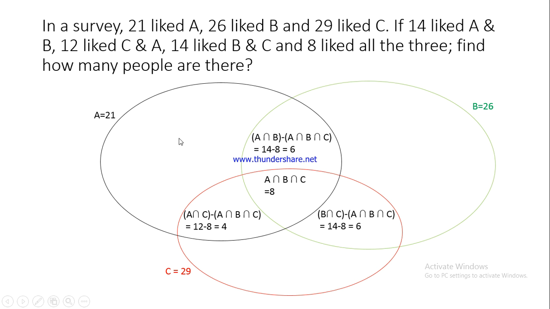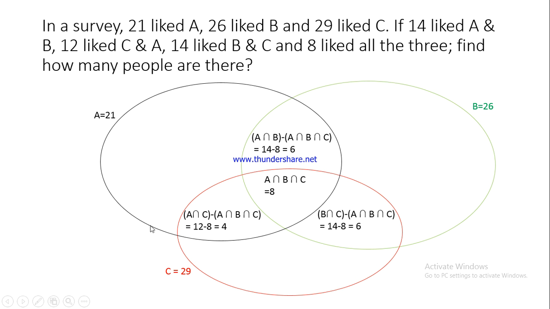Now there's nothing much left in this question. You know the full circle, this circle, the value is equal to 21, right? Just let me get back a little. Out of which the three portions, this particular portion has a value of 6, this portion has a value of 8, this portion has a value of 4.